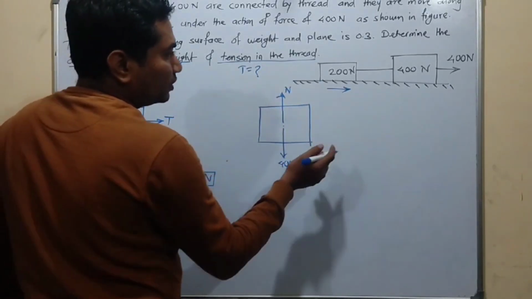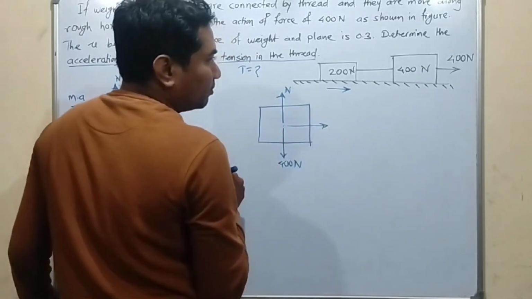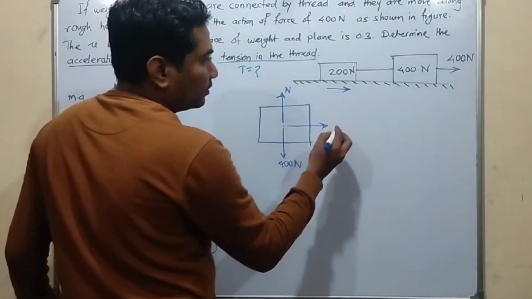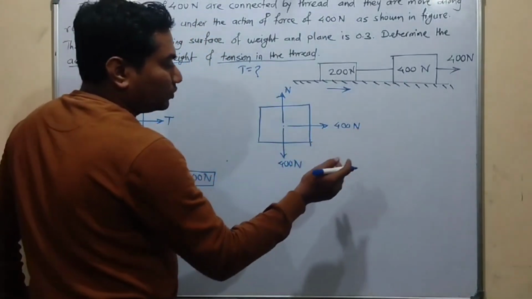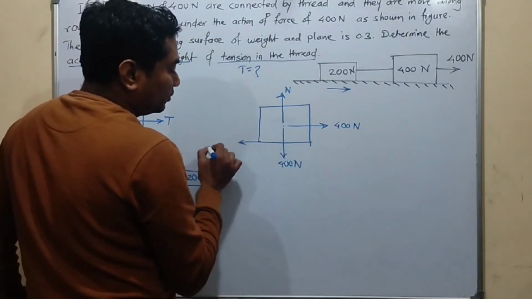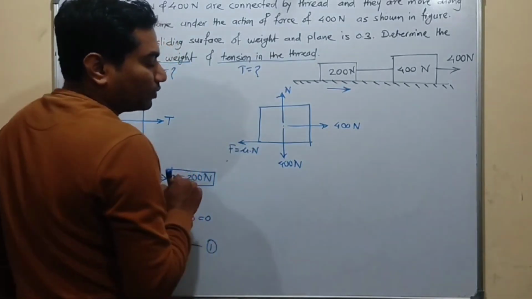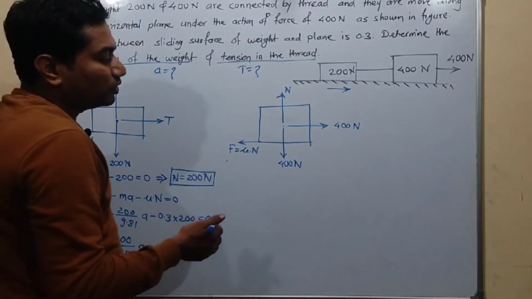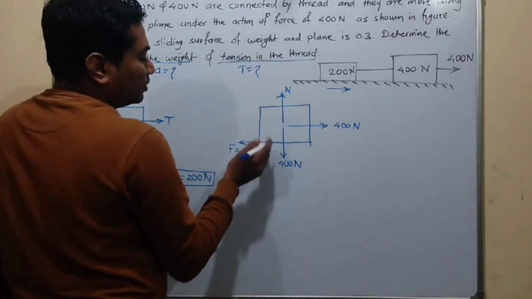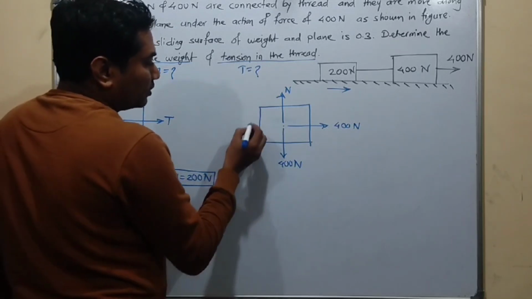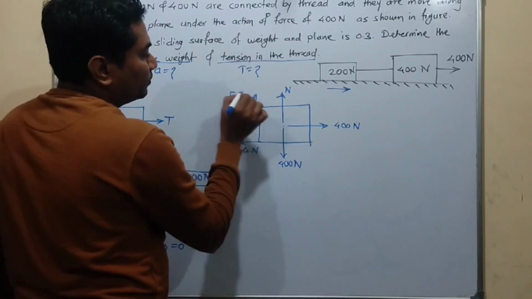The motion of block is towards right, and this is the force that is applied on the weight, that is 400 Newton. So motion of block is toward right, so the friction will be towards left. So F is equal to mu into N. Also we have to consider the force causing motion, and it is also in the opposite direction of the motion of the block. So that is nothing but towards the direction of the force. So this force is equal to m into A.